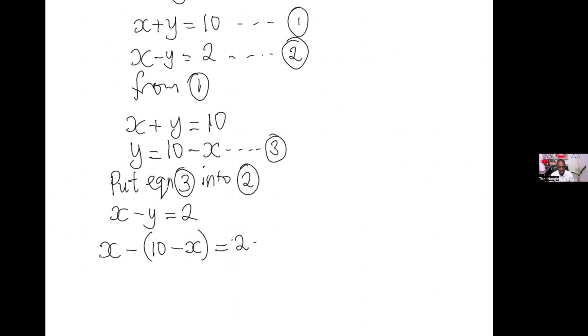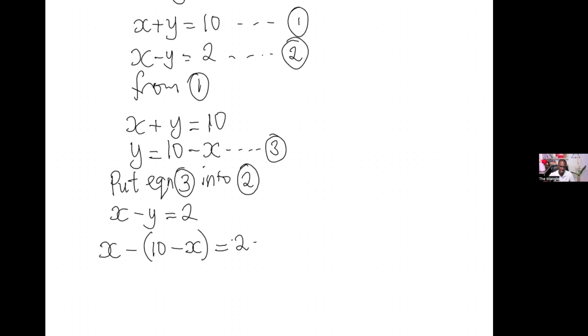Now the reason why I put the value of y into brackets is because there is a negative sign there, and the negative sign must affect the value inside the bracket. Remember, the negative sign is affecting y originally, so definitely it must affect its value.